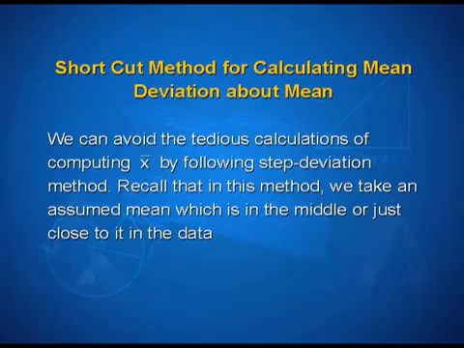Now, let us learn the shortcut method for calculating mean deviation about mean. We can avoid the tedious calculations of computing x bar by following step deviation method. Recall that in this method we take an assumed mean which is in the middle or just close to it in the data.